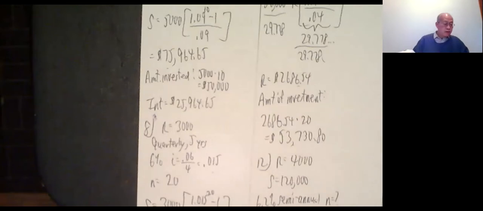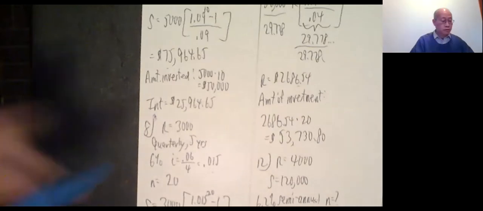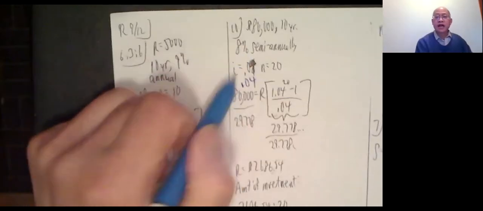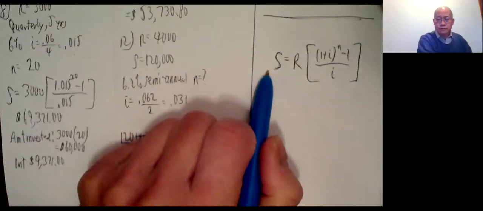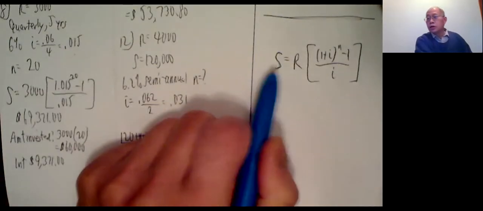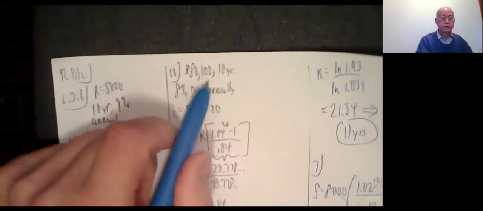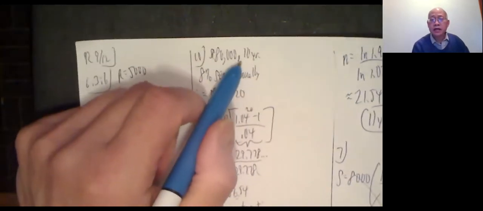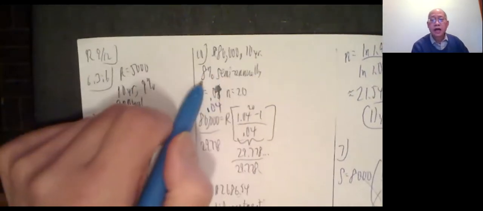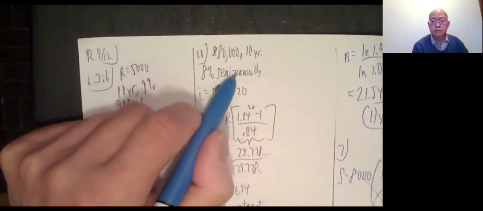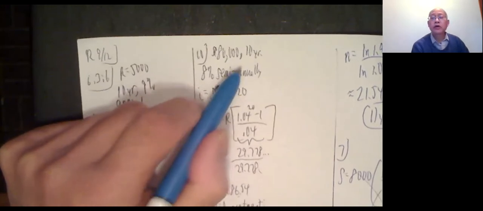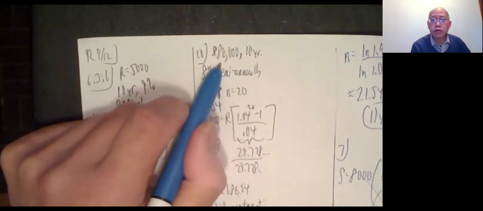You see? Okay. All right, I don't have to show you the book anymore, but it was $80,000. That's the left-hand side of the formula. So 80,000 goes here. You're trying to figure out the R. Okay, 10 years, 8% compounded semi-annually. Okay, so that's what we want. So in 10 years, I want it to grow to $80,000.